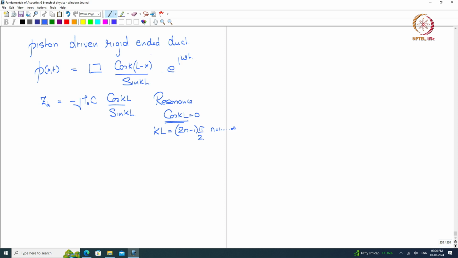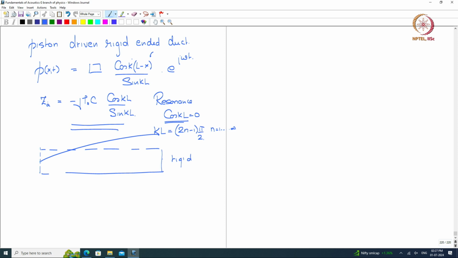So you can also see that at x equal to 0, you get a cos k L, and cos k L is 0. So at the piston you get a 0 pressure. This being rigid, you will get a maximum pressure. That is the resonance defined by this condition.